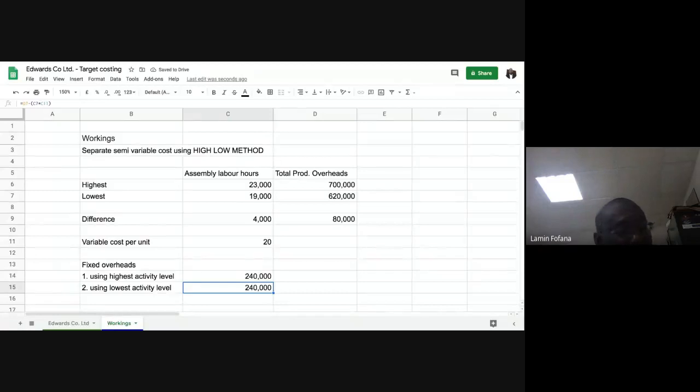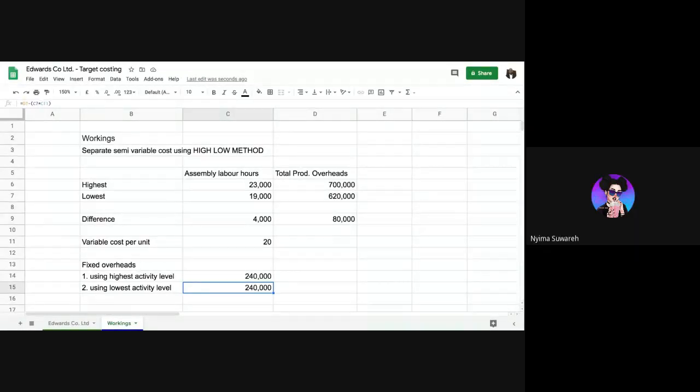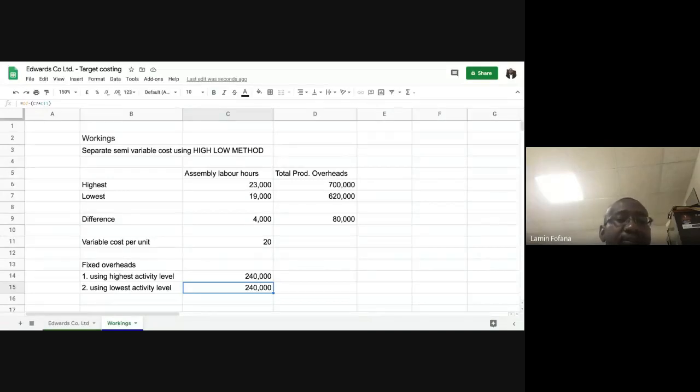Are they different? No. They are not different. So they're the same. So the fixed overhead, no matter which activity level you use, it will always be the same. This is why we say fixed overheads don't change with activity level, isn't it? They don't change with activity level. Okay.